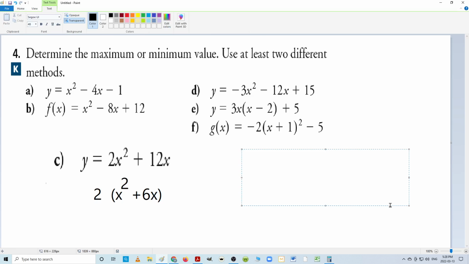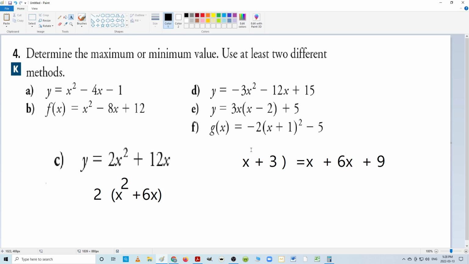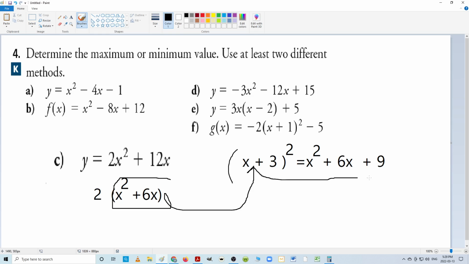I can see that the perfect square is going to be x plus 3 squared, which will produce what I want, and also produce something I don't want. Like that. So that means if I want to replace this with that, which will expand to this, and I just want this portion of it, I have to subtract 9.